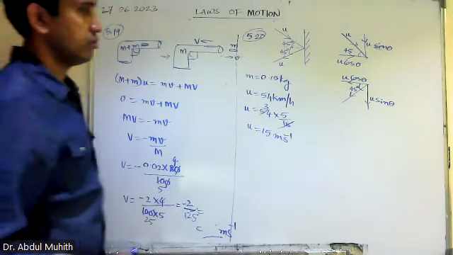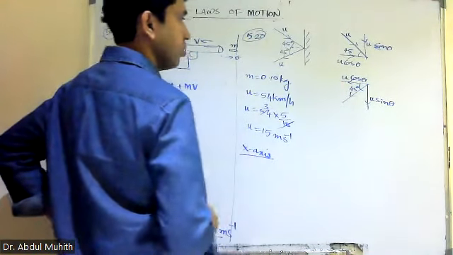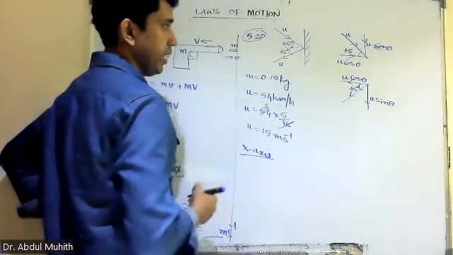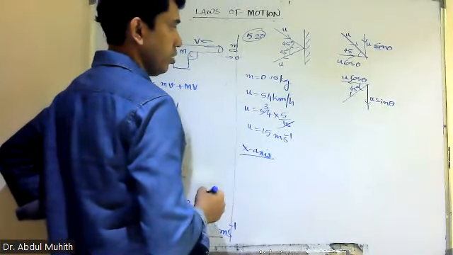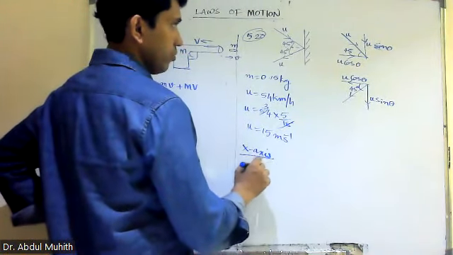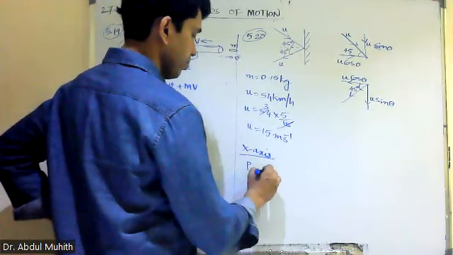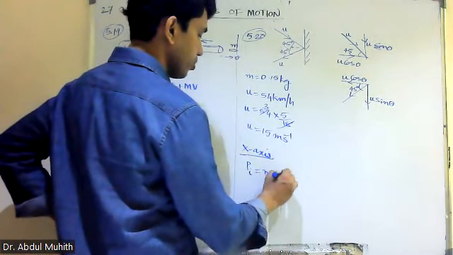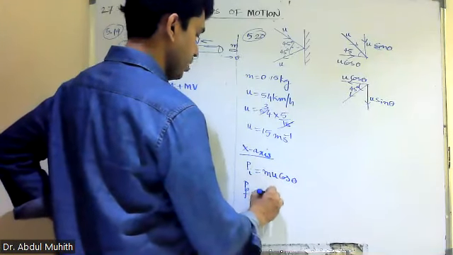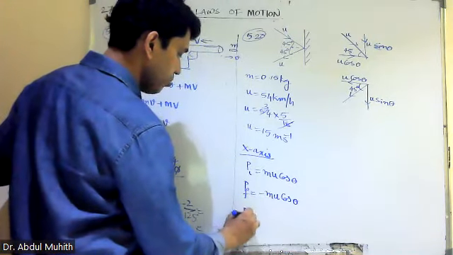So what is the formula now? For the x-axis, this is u cos theta and this is also u cos theta in the opposite direction. Pi is the initial momentum, m into u cos theta. Pf is minus m into u cos theta. So what is the change in momentum?